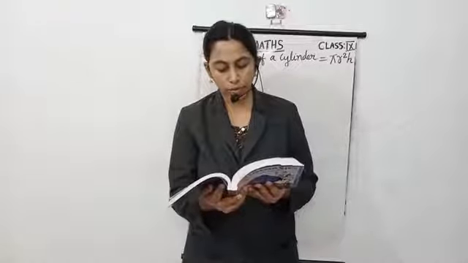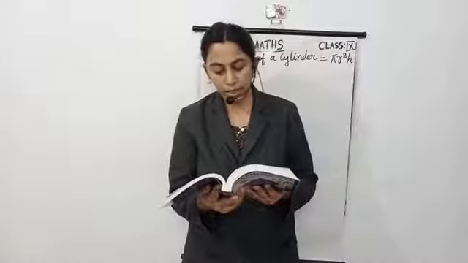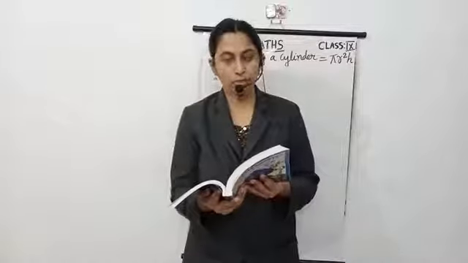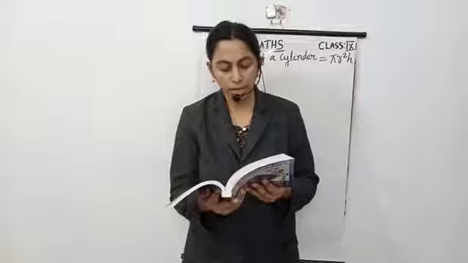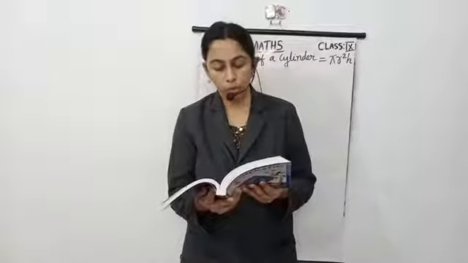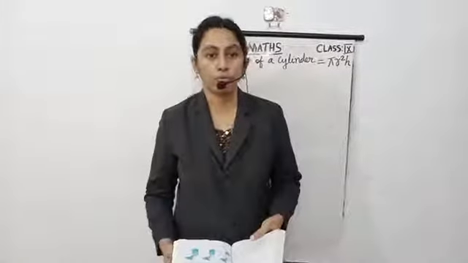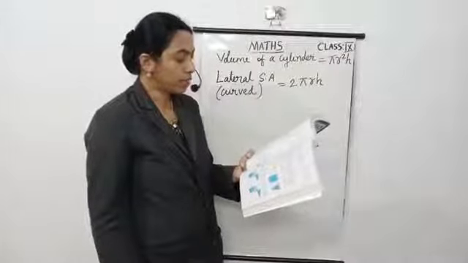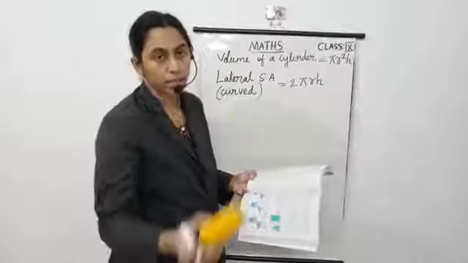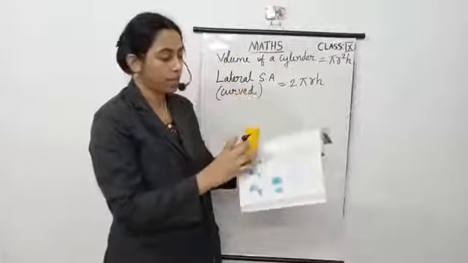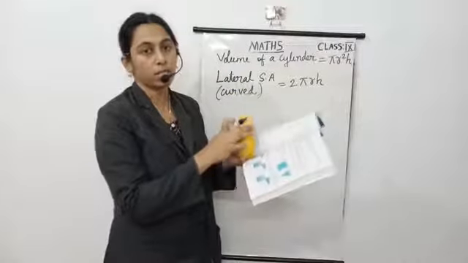Next question 4. If the lateral surface of a cylinder is 94.2 centimeter square and its height is 5 centimeter, then find first the radius of its base, second its volume, use pi equal 3.14. So the lateral surface area of a cylinder means this surface, this is a curved surface.